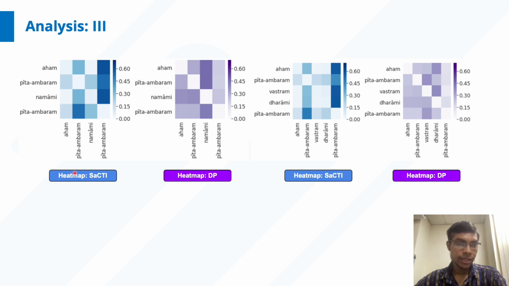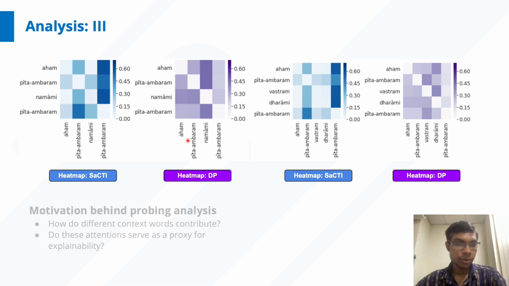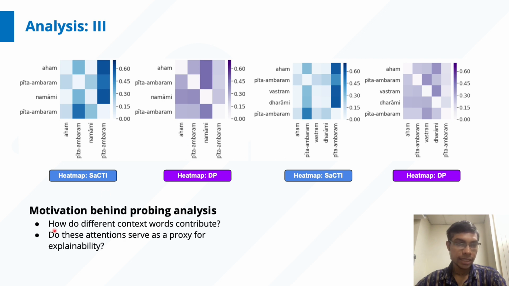the blue attention heat maps are for the classification attention, and the violet attention heat maps are for the dependency parsing. The motivation behind the probing analysis is how do different contextual words contribute, and do these attentions serve as a proxy for explainability.